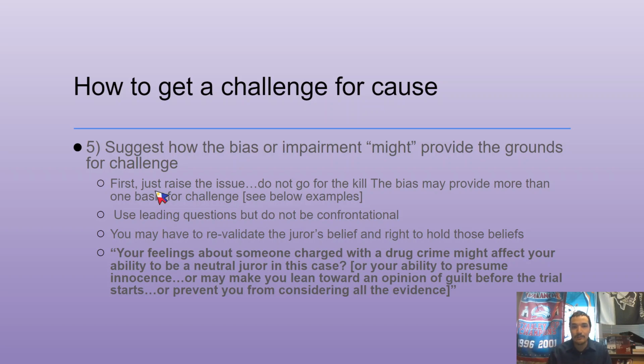Then you have them suggest why their feelings might justify a challenge for cause. And so now we go, because you have been in rehab, right? Would you identify the defendant who has a cocaine charge with people you've met before, right? The chances are they'd say yes. That's one thing that we could say.